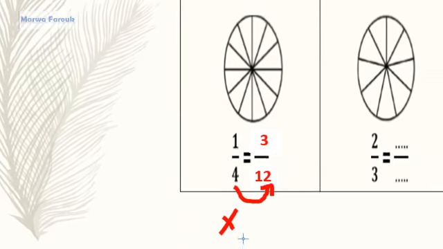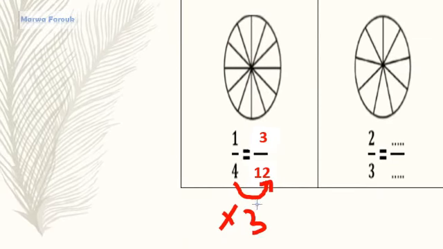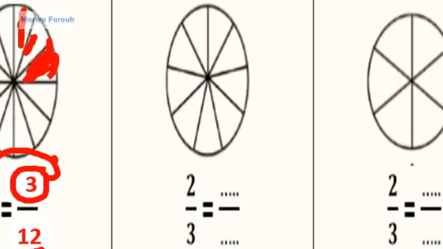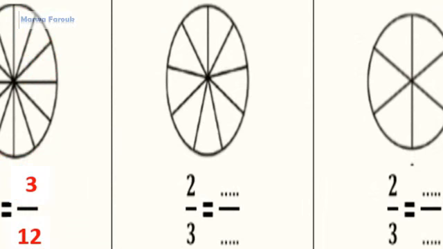And we think 4 times 3. So we will also multiply the numerator by 3. And 1 times the 3 equal 3. So we got 3. So we are going to color 3 equal parts. 1, 2, 3.